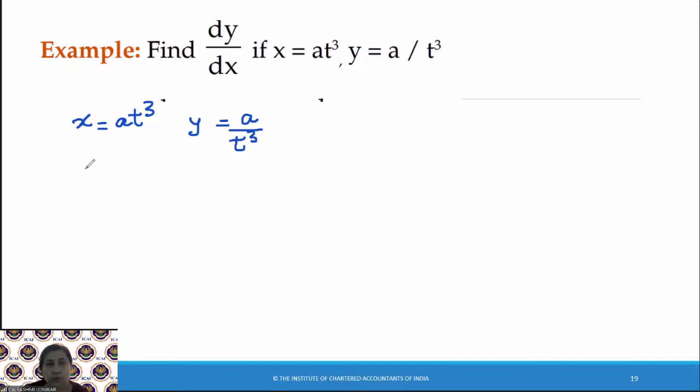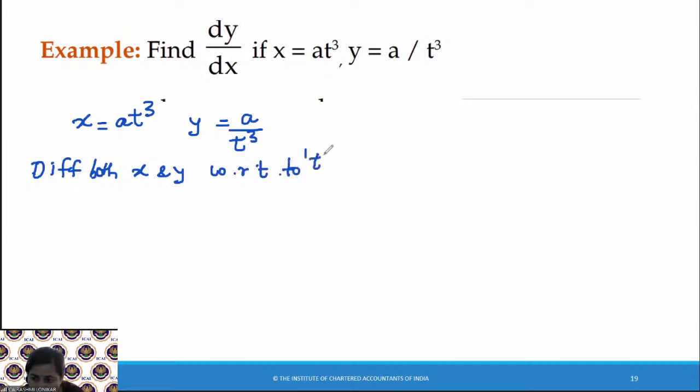Now, as I told you, what will be the first step? So, differentiating both x and y with respect to t. Okay. Whenever the question is given, how do I know it is a parametric equation?